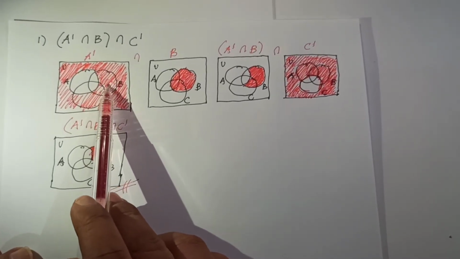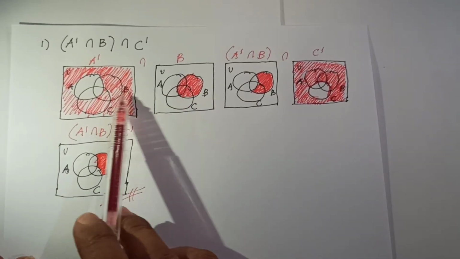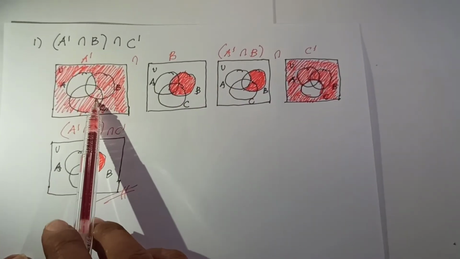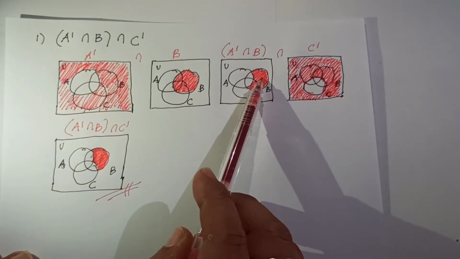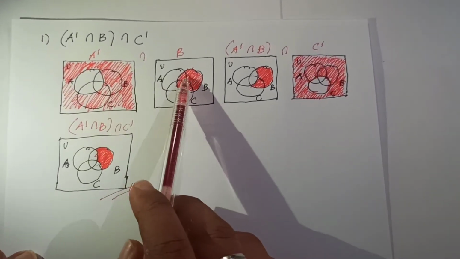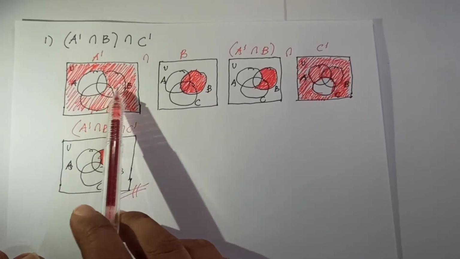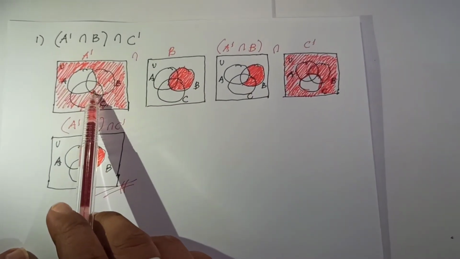The common shaded part is here, this part and this part. This is not the intersection because it is not shaded here. There is shading here but none here, so it should be common. So this is the intersection.